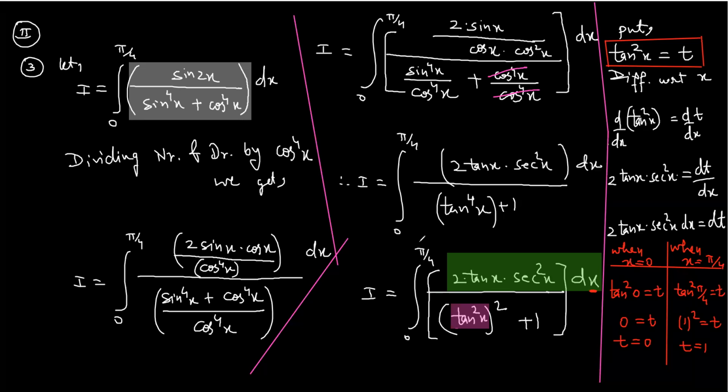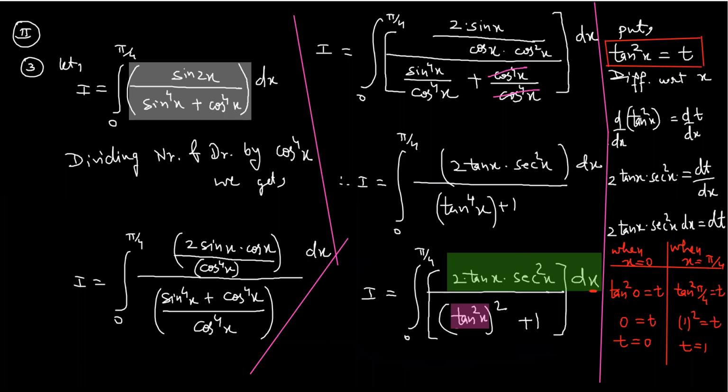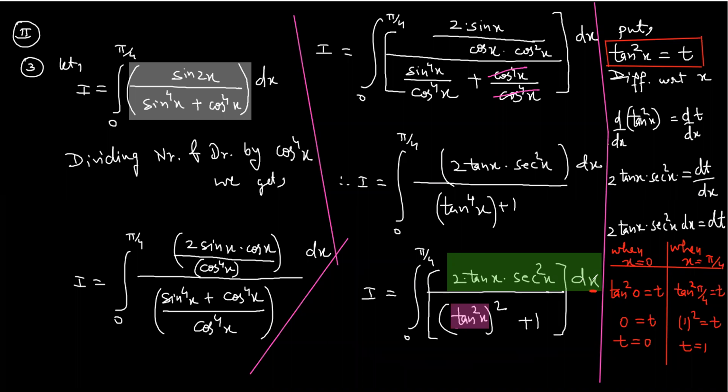Okay. Now this is the old integral which will now be getting transformed into t. The old integral is in x. Now we will write everything in t. So see here what I will get. Therefore, I equals to 0 to 1, and you remember what this whole thing is, 2 tan x sec square x dx, it is equal to dt.